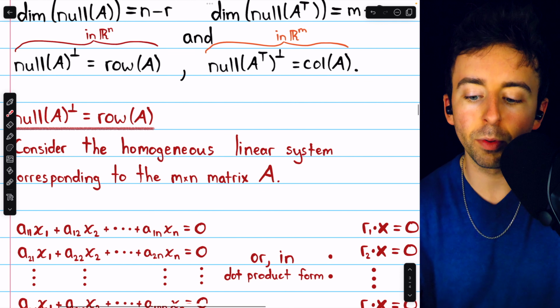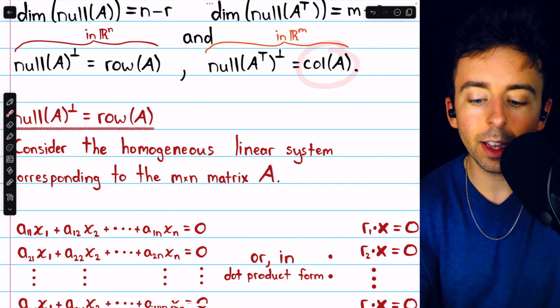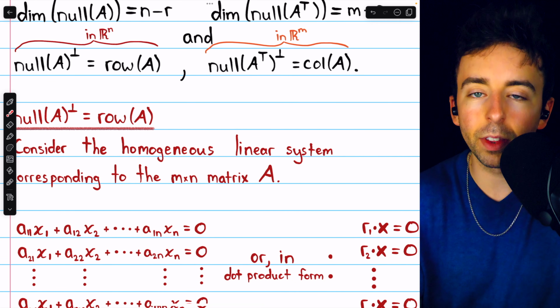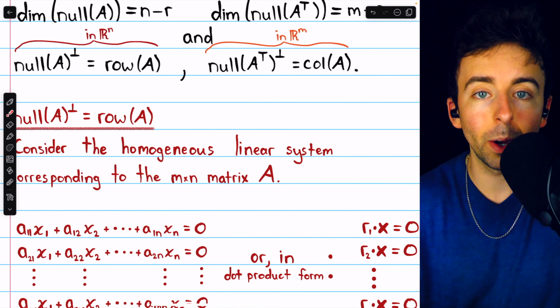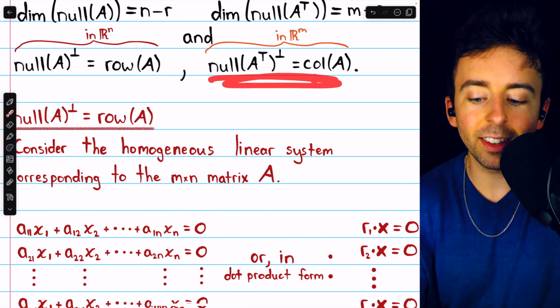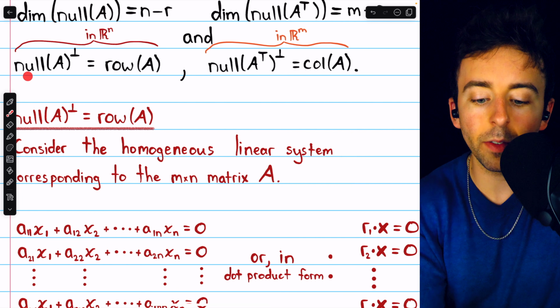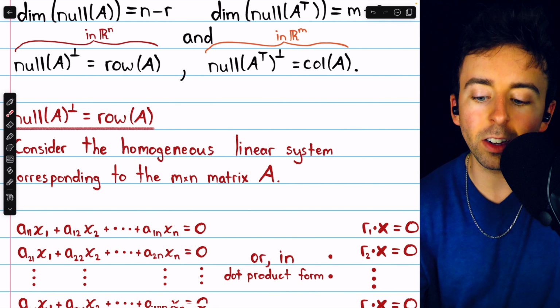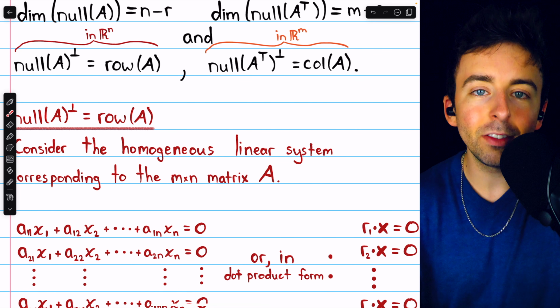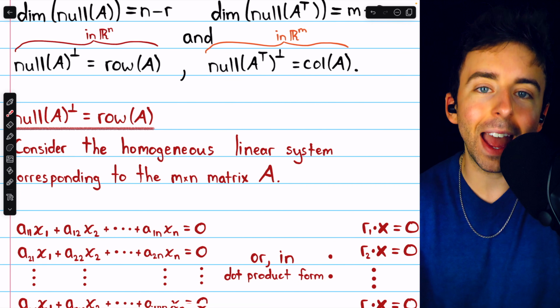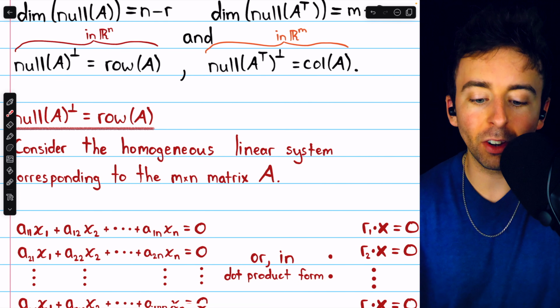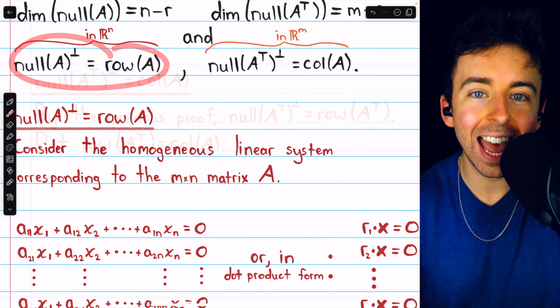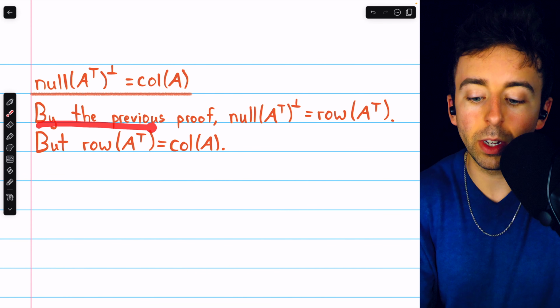What remains is to prove that the column space of A is the orthogonal complement of the null space of A transpose. And perhaps you can see that this is actually an immediate consequence of the first result, because the column space of A is just the row space of A transpose. And so we could just apply this result again. Here that is written out by the thing we just proved.